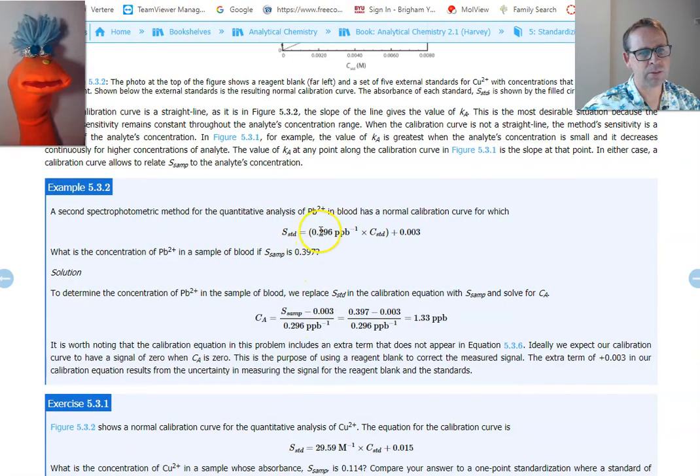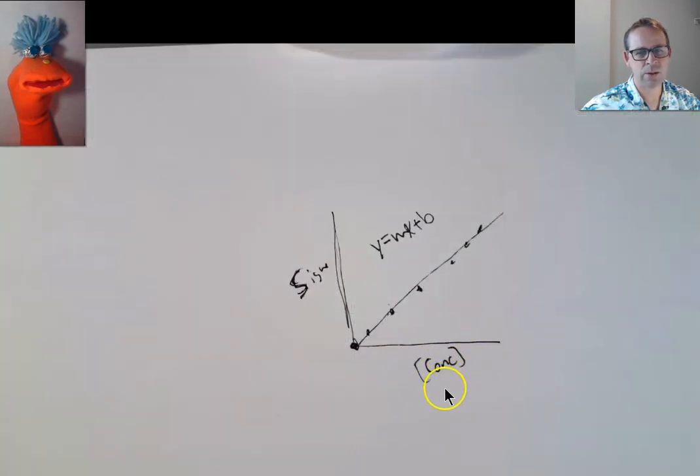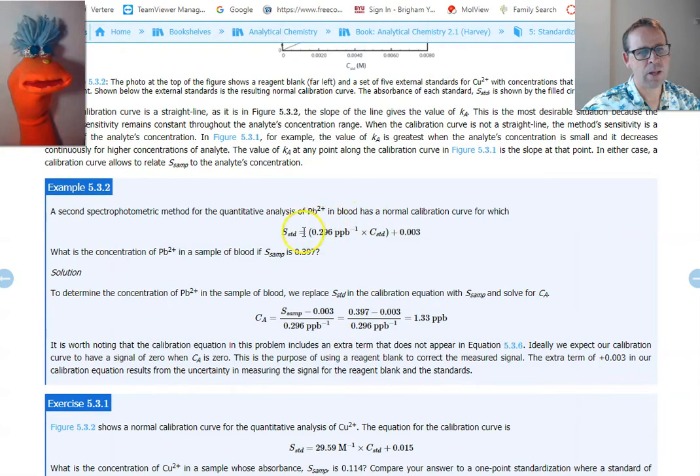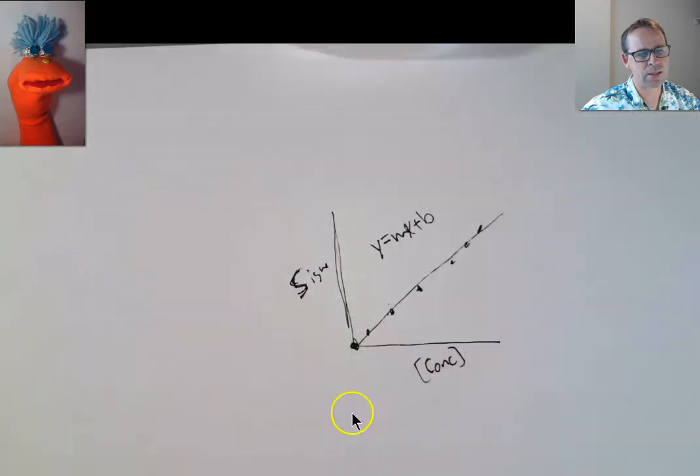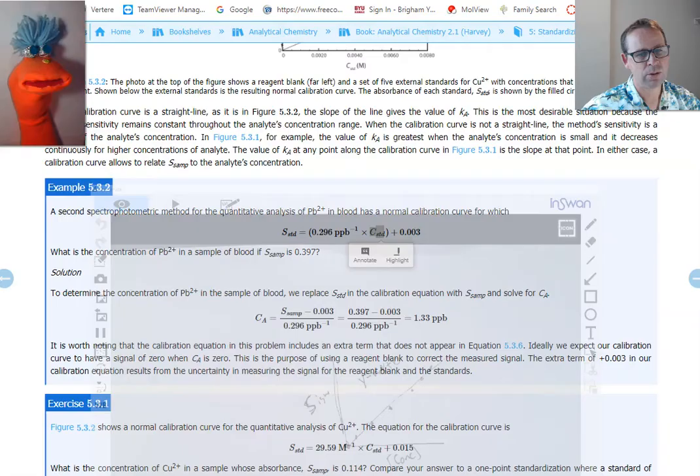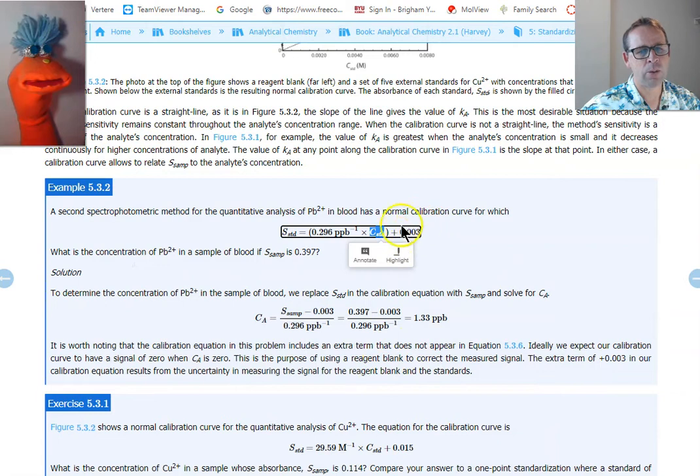It equals m, the slope, times x, the concentration of our standard, or whatever we're after, on the x-axis, plus b. Now, b is the y-intercept, right?